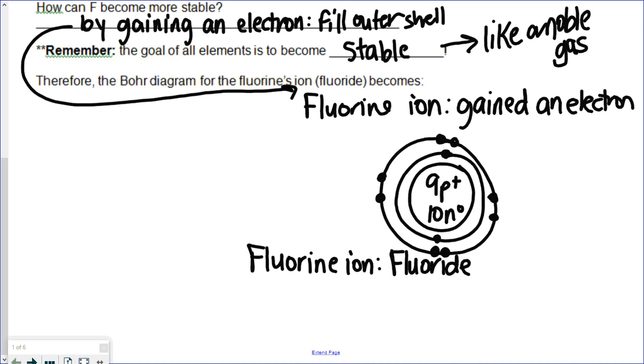So for a total of 10 electrons instead of 9 electrons like we had for a fluorine atom. The other thing that we typically do when we're drawing an ion is we draw square brackets around the side. We write the overall charge that this ion would have. So it's gained an electron, but remember that even though we're gaining something, we're gaining a negative charge. So now this ion will have a -1 charge overall because it has more electrons or more negative charges than positive charges.